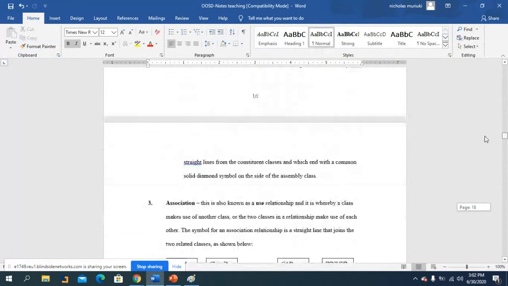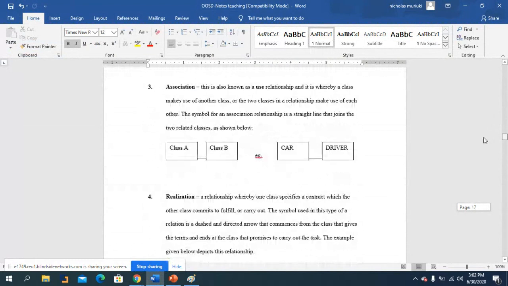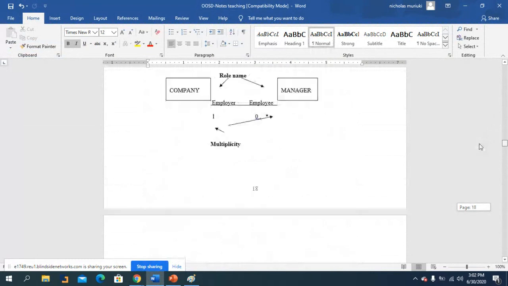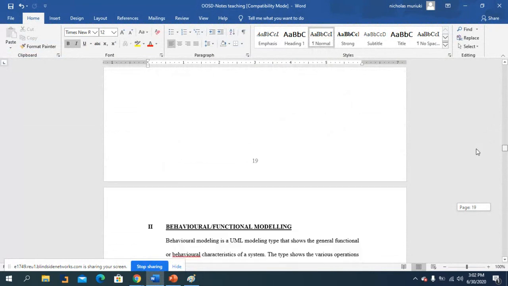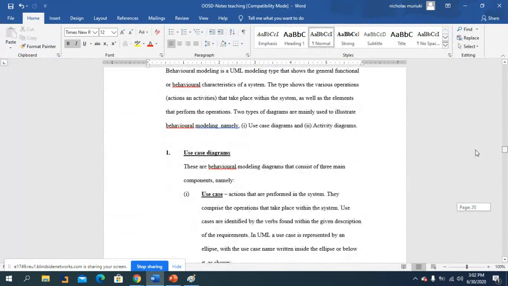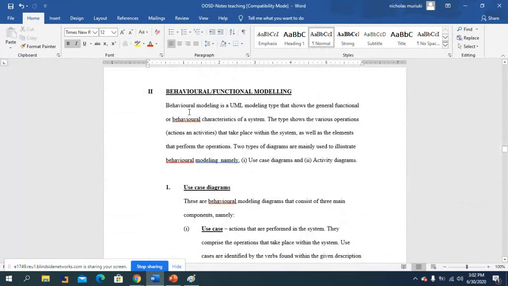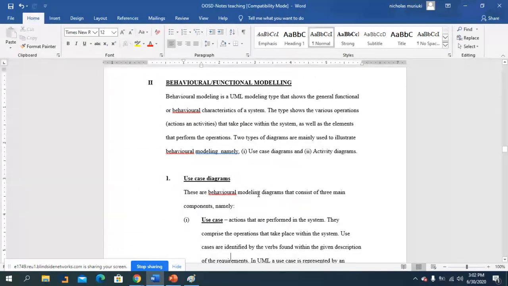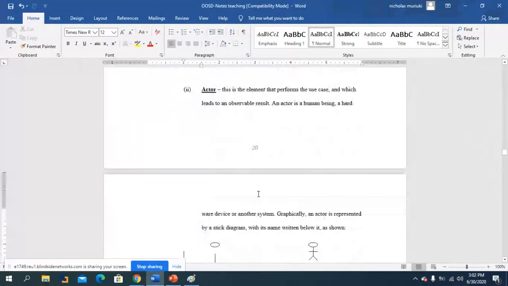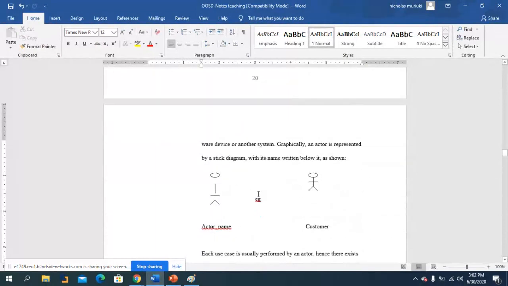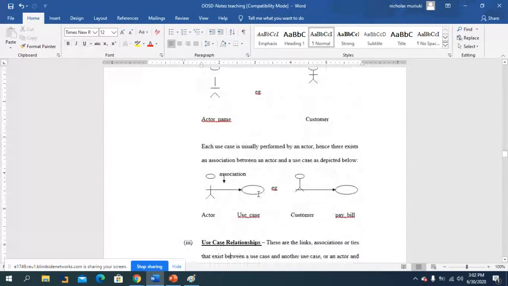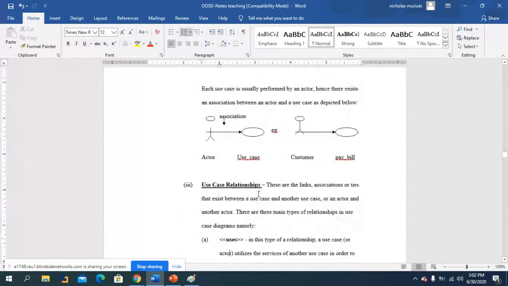Then we came to the association, realization, etc. Those are all presentations of static diagrams. Then we came to the behavioral diagrams, where we discussed use case diagrams, and that's why we say we need to follow the guidelines on all the symbols you're supposed to use when you're coming up with use cases.